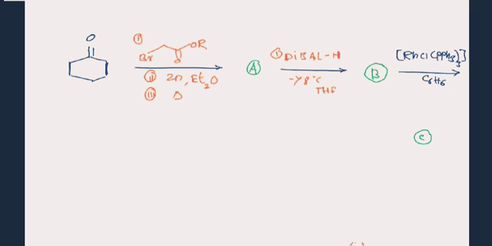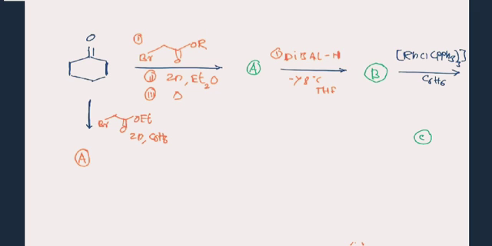Then secondly, we have another question. We have this cyclohexanone molecule, and I am going to react it with the same reagent, in the presence of zinc, and the solvent is benzene, etc. So you will get A again.